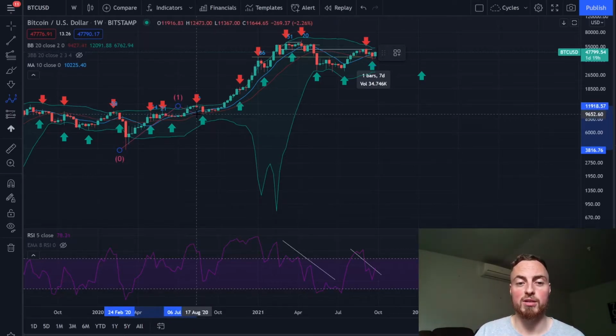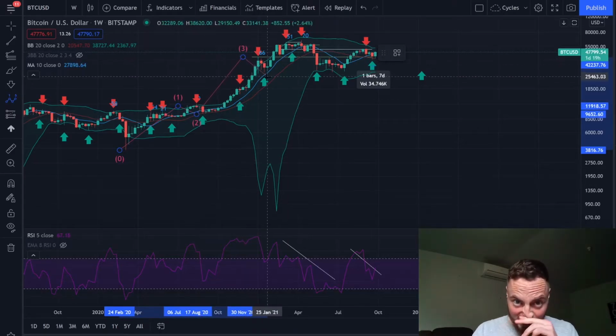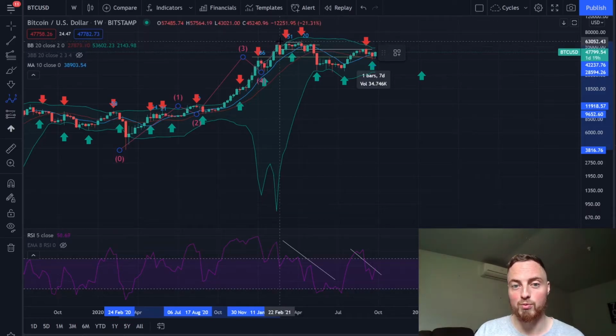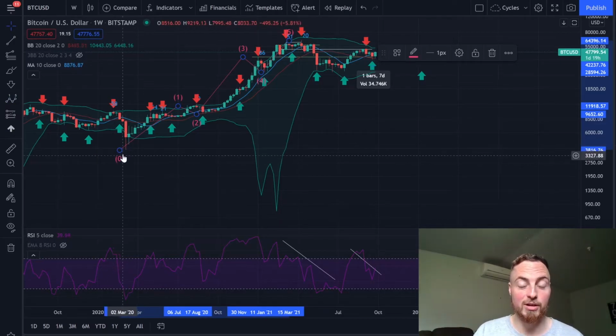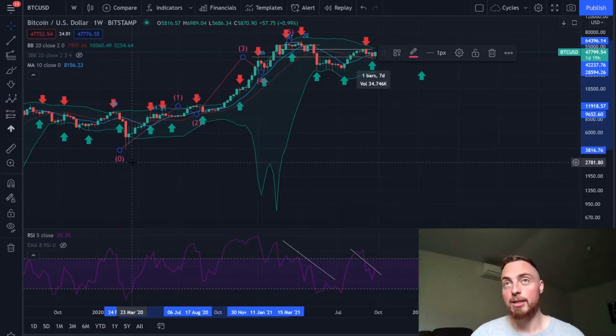And if you want to read more into that, feel free to. But just going off this rudimentary explanation of it, we see that from a significant low here, I know it doesn't have an arrow on it, but that was the Corona crash, and it's a bit of a black swan event.